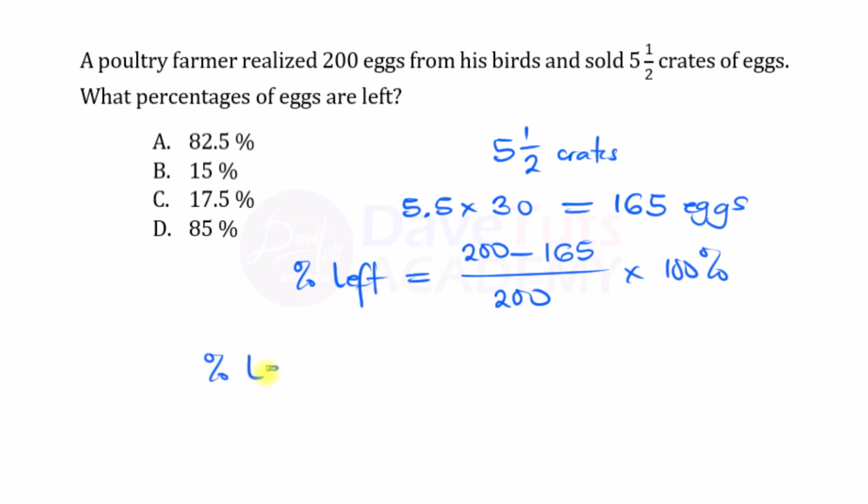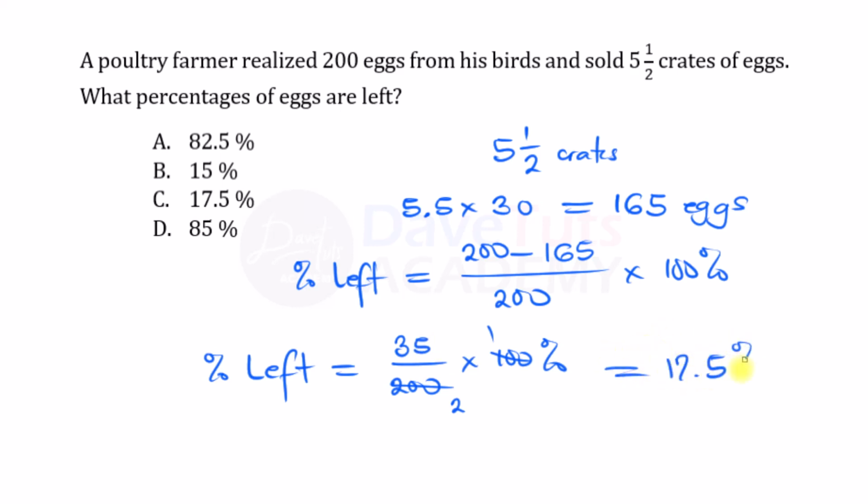So the percentage left is going to be 200 minus 165, that will be 35 over 200 multiplied by 100%. So 100 here, 2, 35 over 2 is going to give us nothing but 17.5%. And looking at the options, you can see 17.5% is option C.